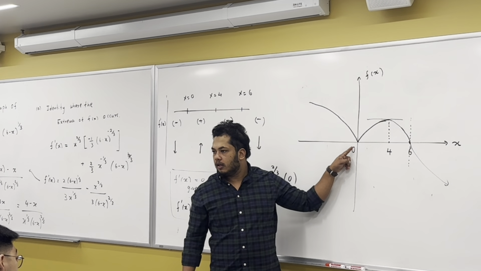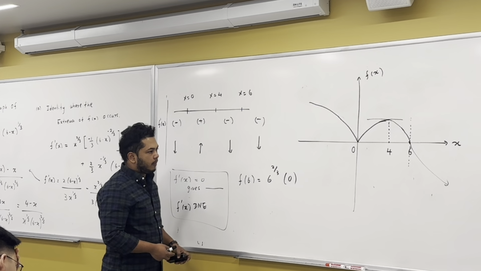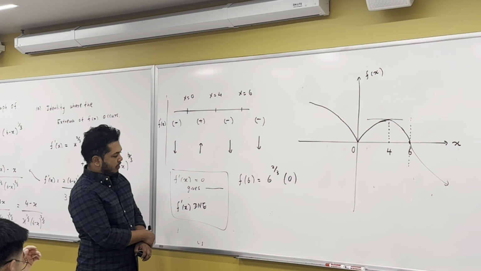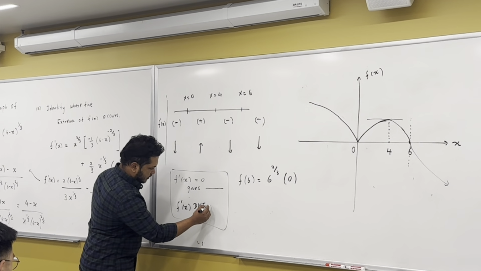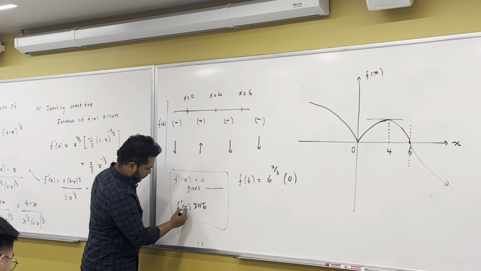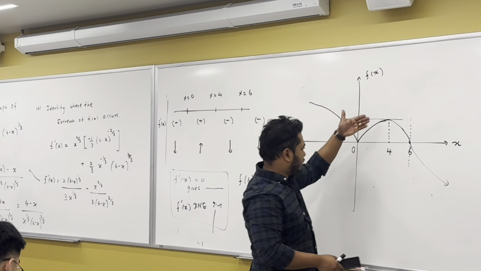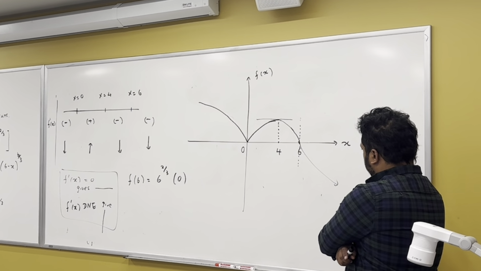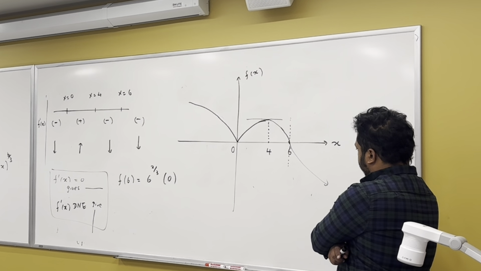At those points, the function is not differentiable. Okay. You can say if f'(x) does not exist, it gives a vertical tangent line. Tangent line is vertical. Right, very good.